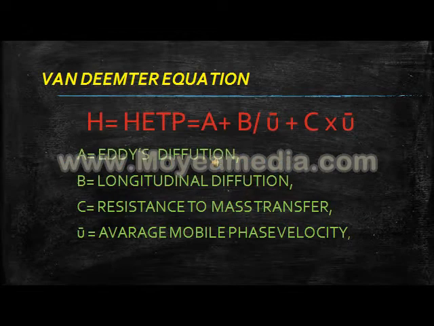We are going to discuss the principle on which HPLC works. HPLC works on the following two equations, represented in the two slides. First is the Van Deemter equation, as you can see. Here the components A, B, C and u are different: eddy diffusion, longitudinal diffusion, resistance to mass transfer, and average mobile phase velocity.